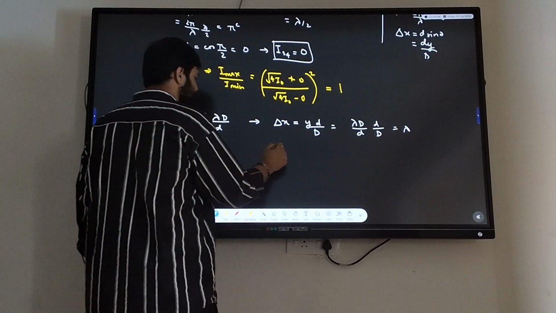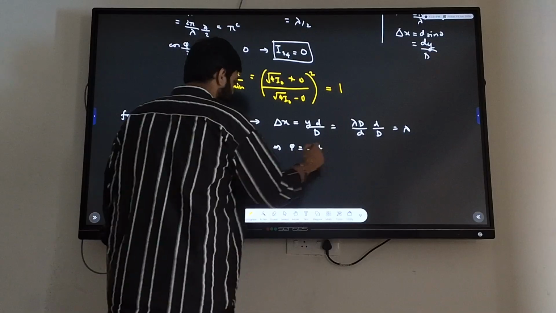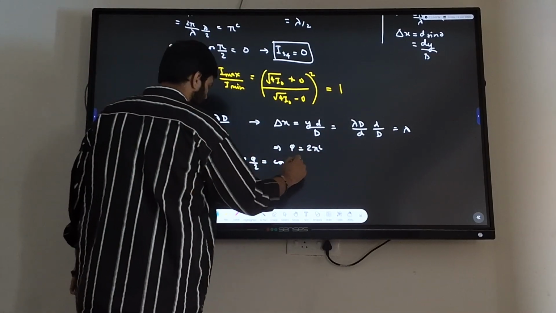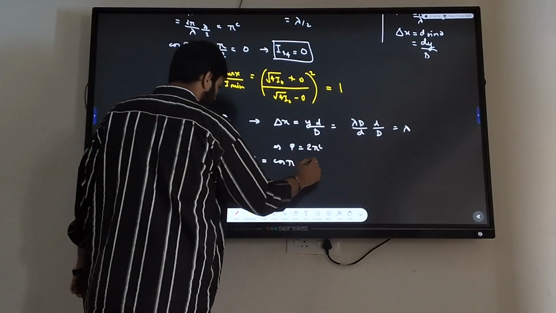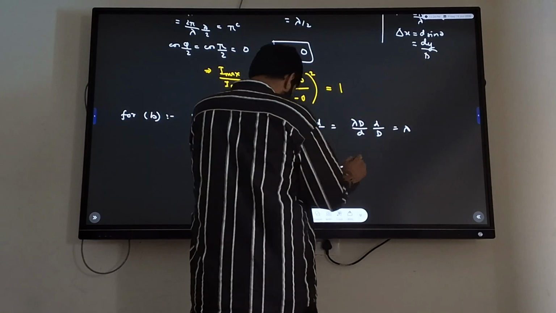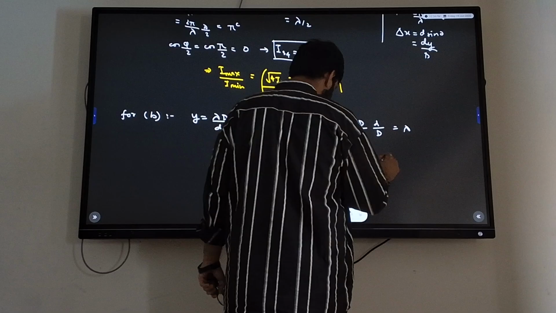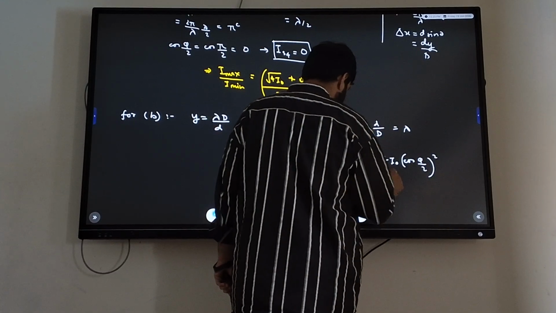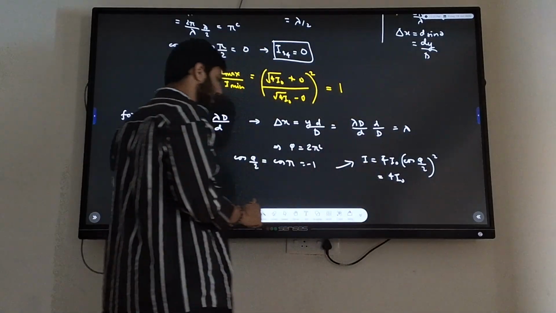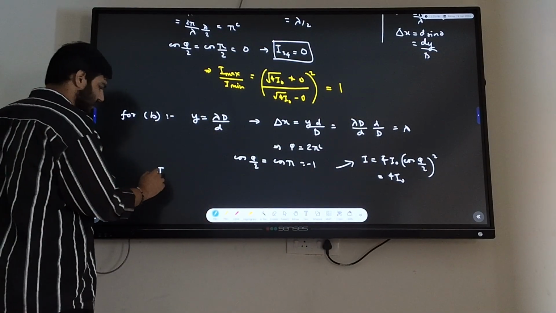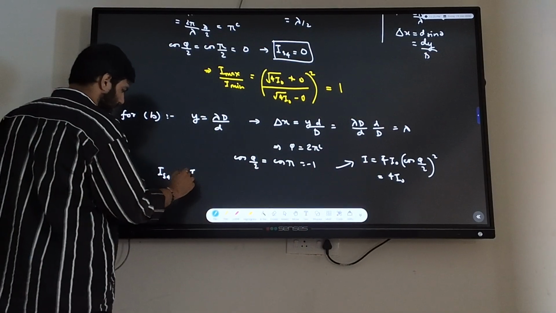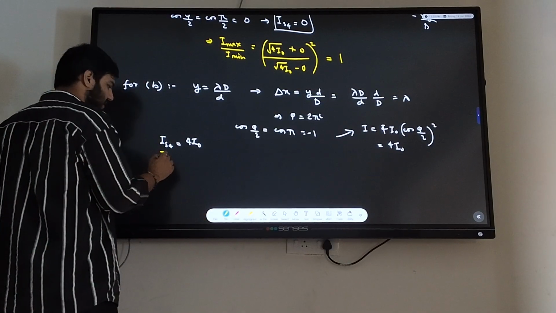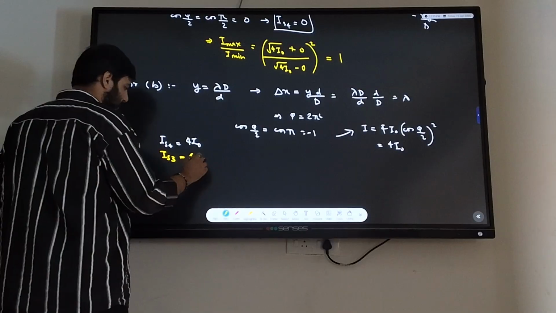If this is lambda, then phi is equal to 2 pi, and then cos phi by 2 is cos pi. That's minus 1. And then you take the square of it in the intensity. And you will get basically plus 1. And that is the intensity of the slit 4. If intensity of slit 4 and intensity of slit 3 are matching, what will happen in the denominator?